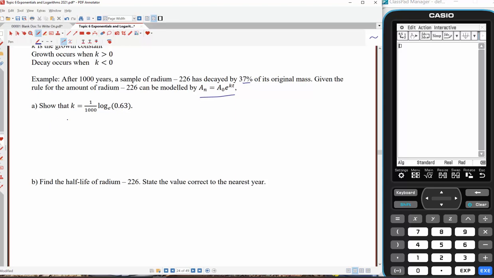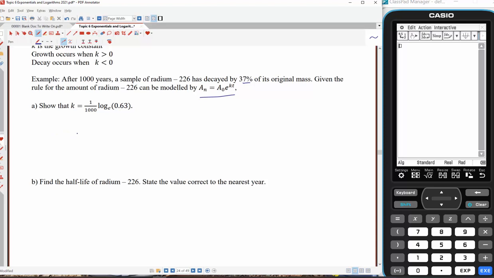So what we'll do is note that the initial amount that we have doesn't say. That's okay, and it never matters in these questions how much we initially have. All we need to know is how much is left and what time period over which we have that much left, and then we can go from there. Watch this.